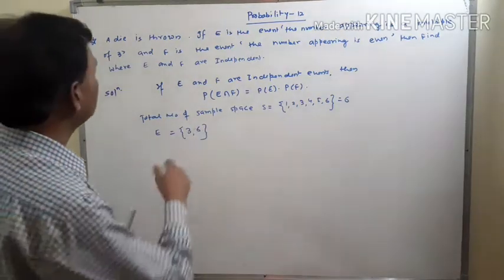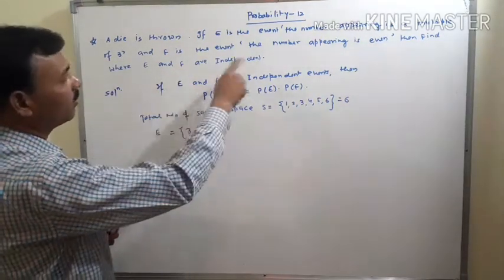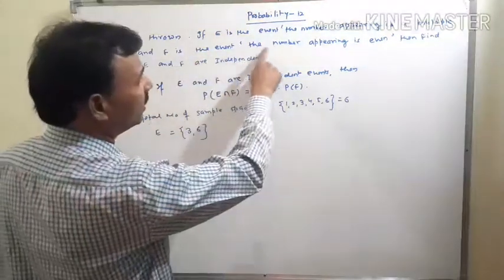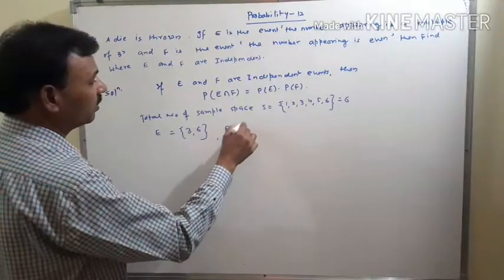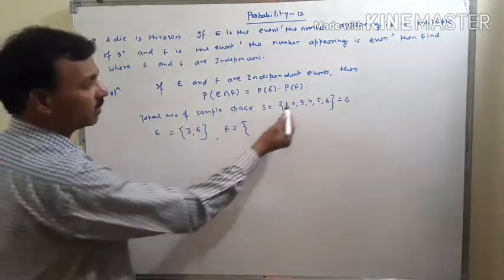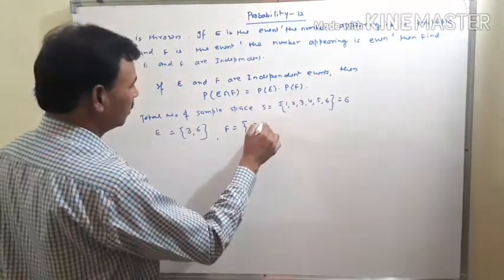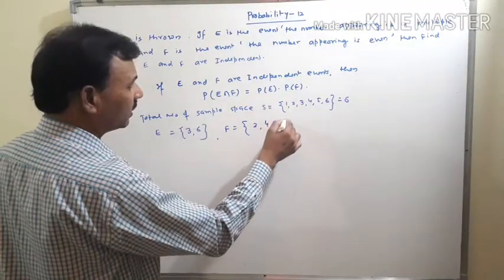And the second thing is F, the event that the number appearing is an even number. F equals 2, 4 and 6.